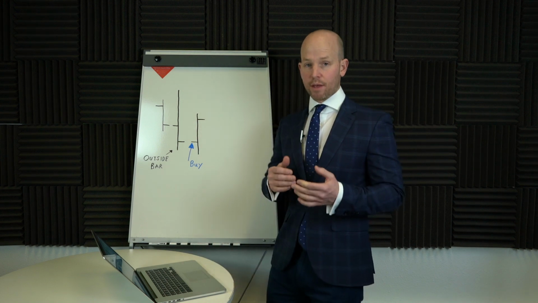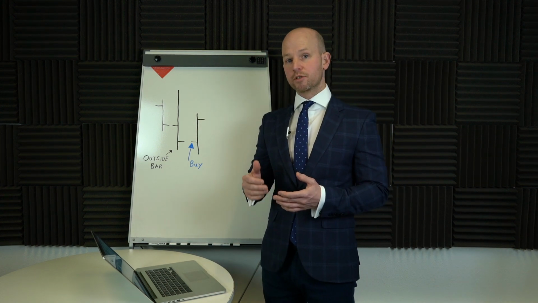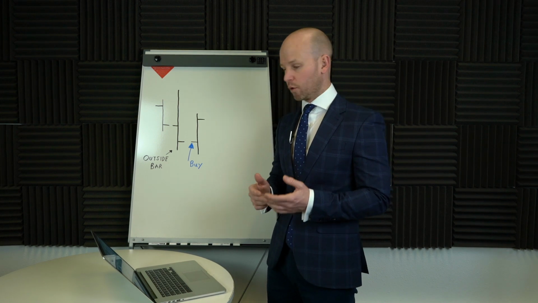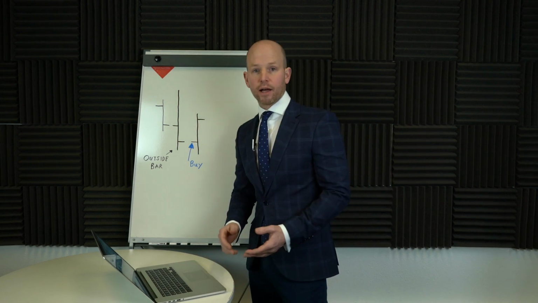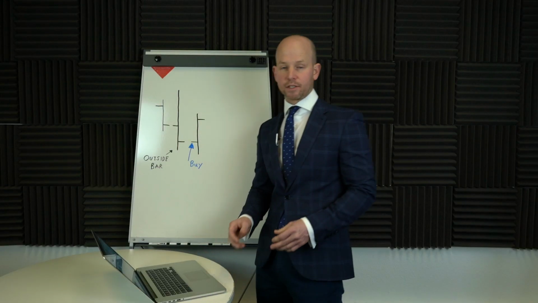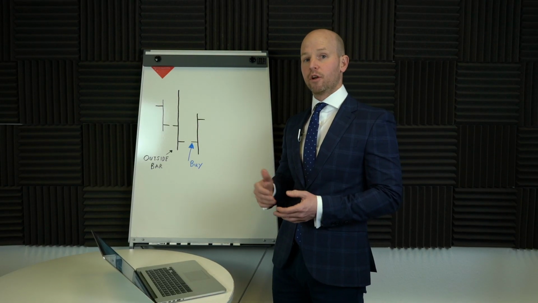Multicharts is monitoring the profit and loss of each trade all the time, so it knows whether we're in profit or loss, and by how much. So if market position equals 1 and the open position profit is greater than 0, then sell next bar at market. So sell next bar, that's our exit order from our long position.